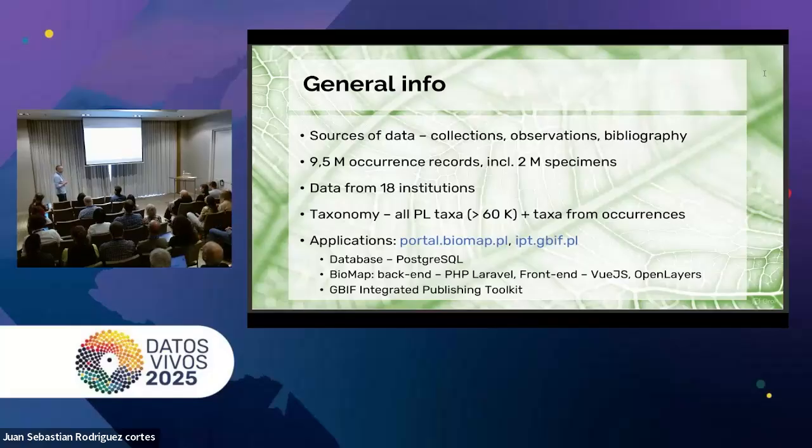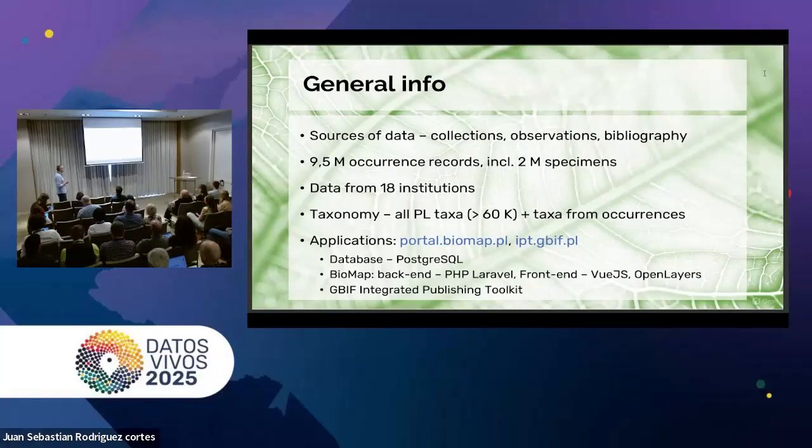So we accumulated data from several digitization efforts based on collections, observations, and bibliography. Right now it is about 10 million records, including 2 million specimens. We have more, but it's a process. It's a contribution of 18 institutions.